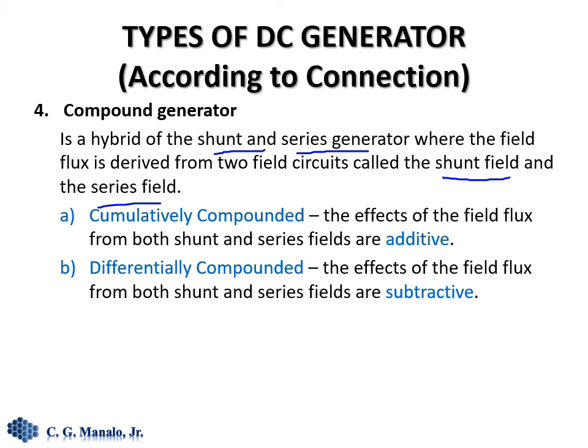In the cumulatively compounded type, the fluxes produced by the shunt field and the series field add together to form a net flux. For the differentially compounded type, the fluxes of the shunt and the series fields oppose each other, so it produces different characteristics for that generator.